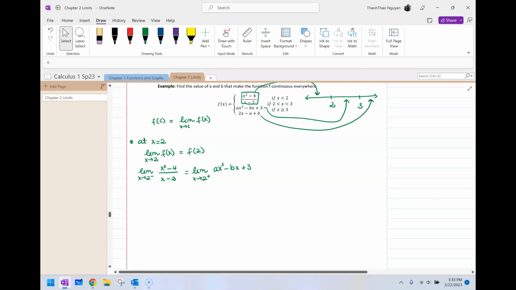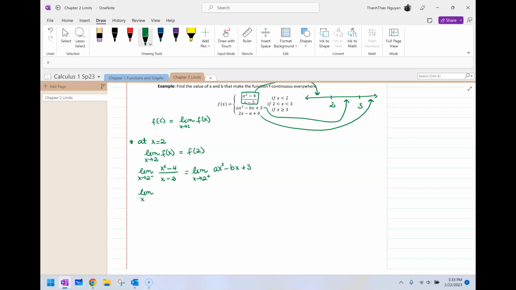As x approaches 2 from the left, we have the limit equal to x minus 2 times x plus 2 divided by x minus 2. This equals 4. This means we want the limit as x approaches 2 from the right of ax squared plus bx plus 3 equal to 4.